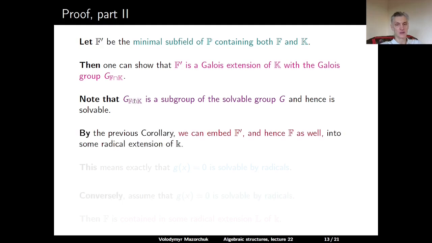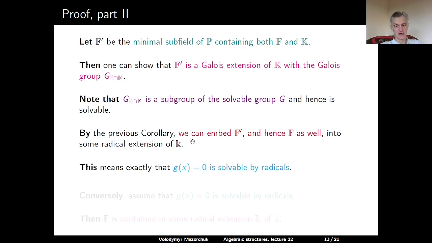And by the previous corollary, we can embed F', and hence also F, into some radical extension of K. So we can apply our previous corollary because now our field capital K contains a primitive nth root of unity.